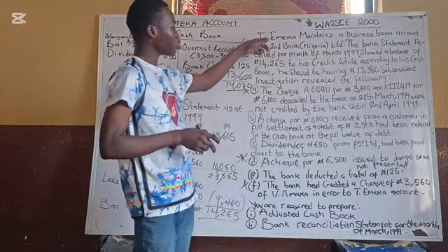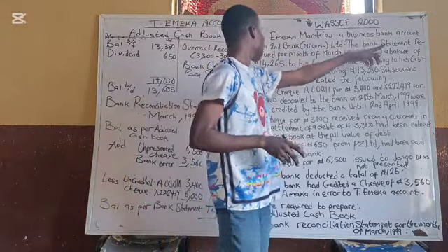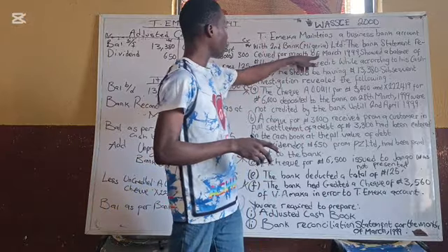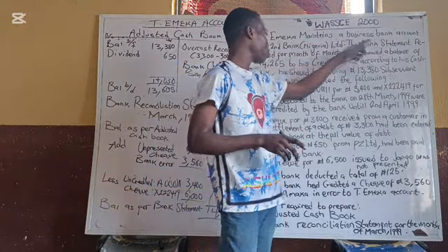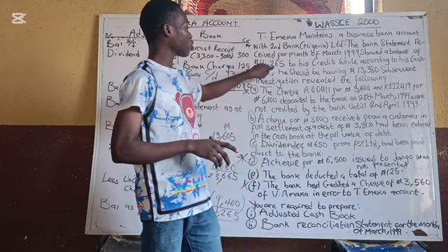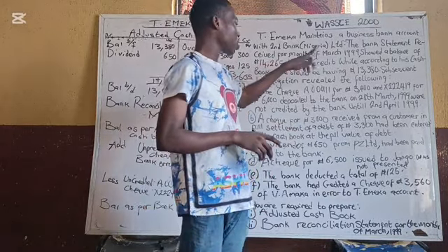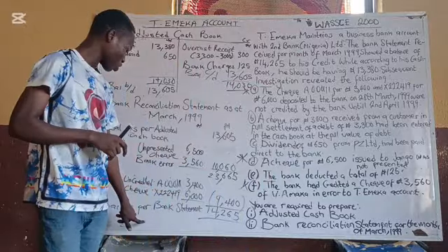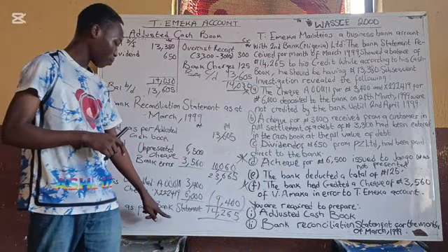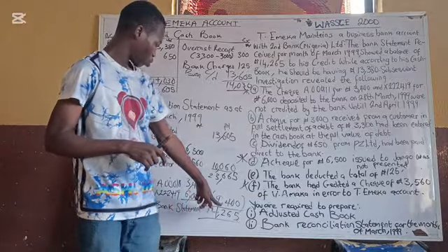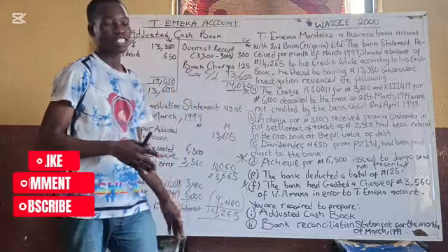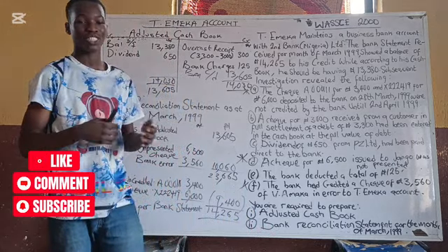When you move to this page, we said the bank statement received for the month of March 1999 showed a balance of 14,265 to his credit, and you see that what you got as a balance as per bank statement is 14,265. So this shows that we are correct with what we did.